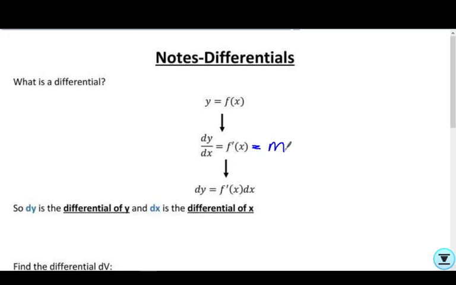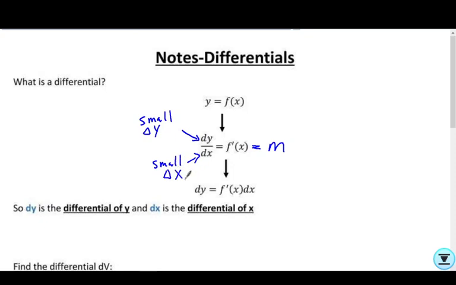Okay, so when we think about the derivative, we think about slope, and dy is basically a small change in y, and dx is a small change in x.